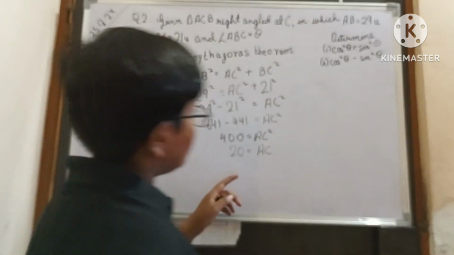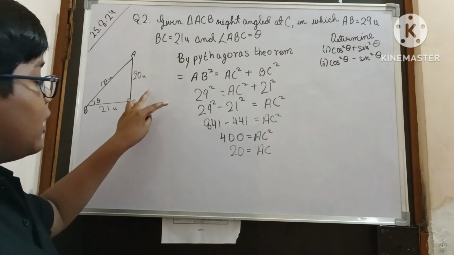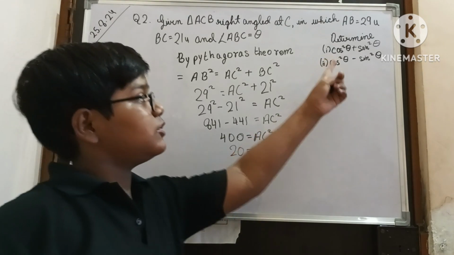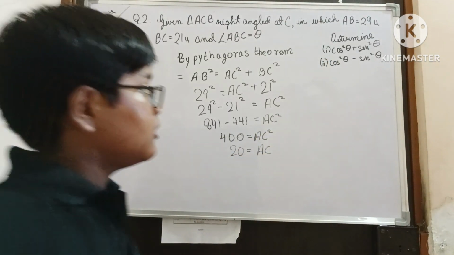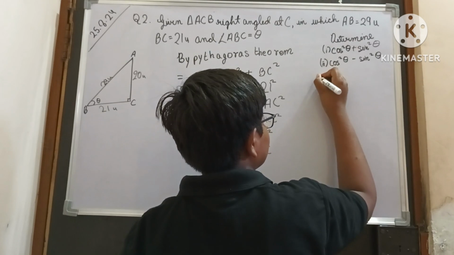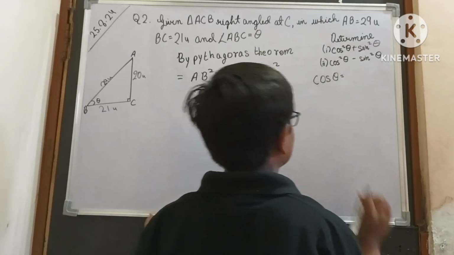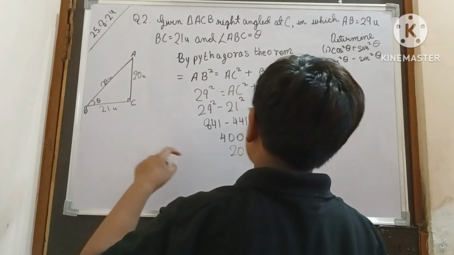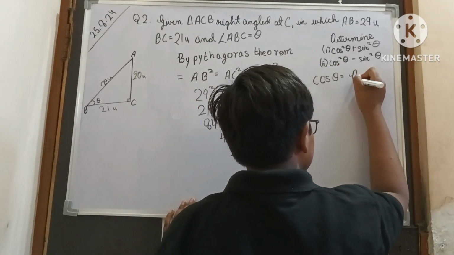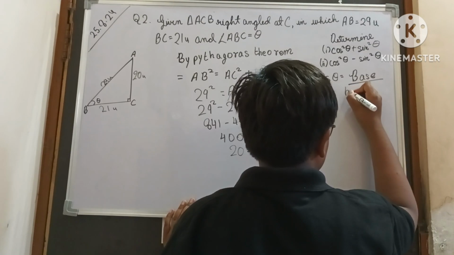So we have found the value of AC in our triangle, and now we will determine the values of cos theta and sin theta. So first we have to determine cos theta value. Cos theta, the formula is base divided by hypotenuse.